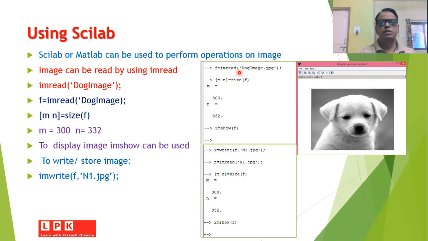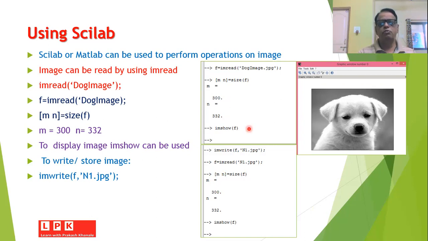So if I write f = imread('dogimage.jpg'), you have to mention the appropriate extension also, and this command will get executed. If I write [m,n] = size(f), I will find the size of this image, that is, the number of rows is 300 and the number of columns is 332. So this refers to the size of the image.